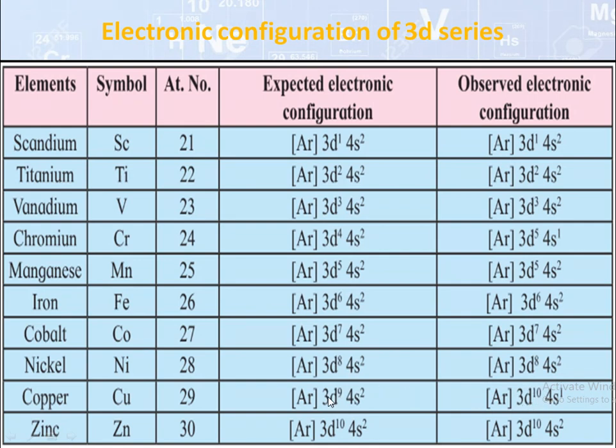So the expected is 3d9 4s2, but for more stability it will become 3d10 4s1, and for zinc the expected electronic configuration is 3d10 4s2, and the observed is also the same, 3d10 4s2. So these are the expected and observed electronic configurations of the 3d series. Similarly, we can write the electronic configuration of the 4d, 5d and 6d series in the same manner. Thank you.